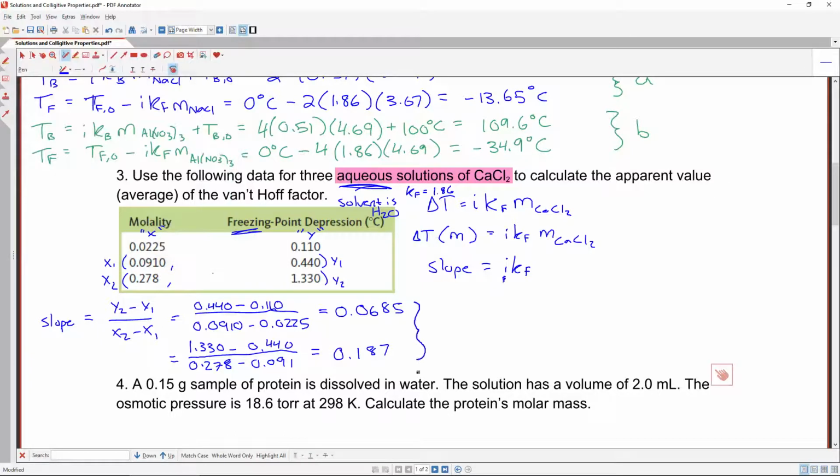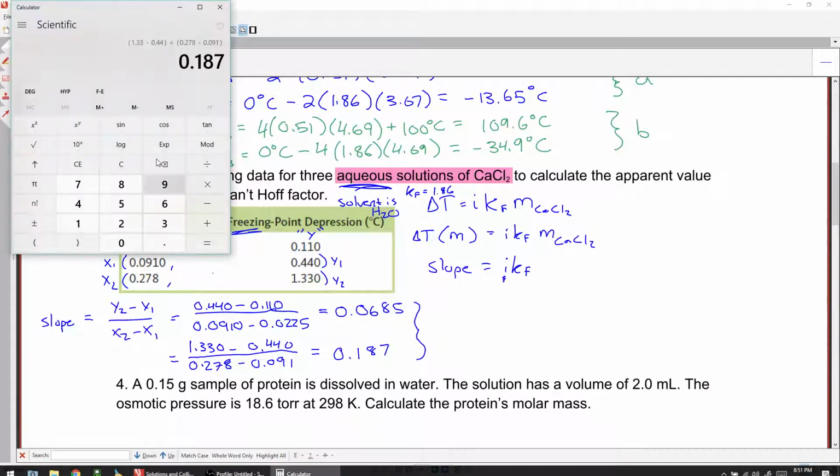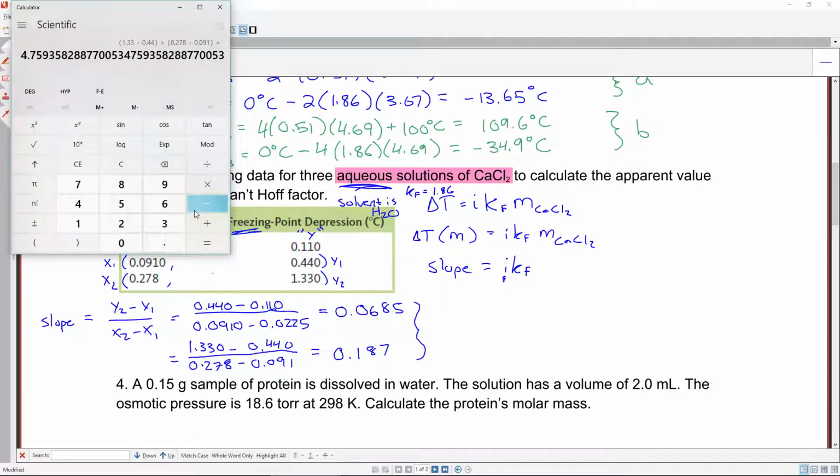We're going to average those two together. Right, so this plus 0.0685 is equal to that. Divide that by 2. Hold on. 0.0685 plus 0.187 is equal to, there we go, divided by 2.